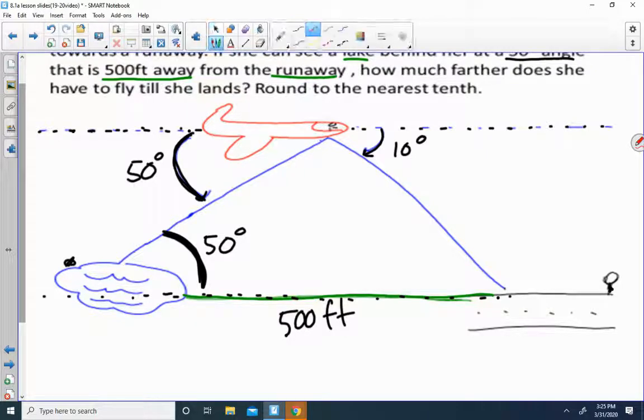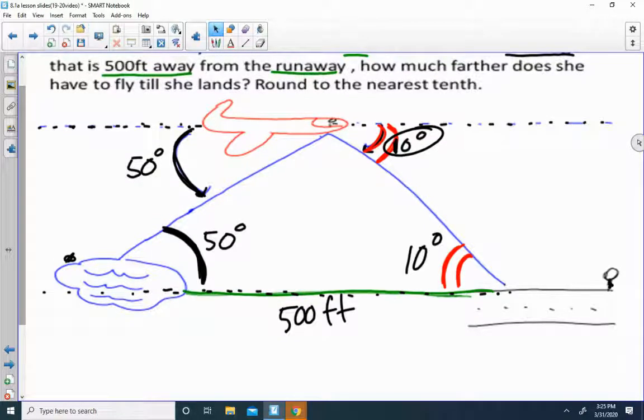And that's not the only congruent angles. We got this angle and this angle right here. These two are alternate interior angles, which means they should also be congruent. So if this angle is 10 degrees, so should this one.